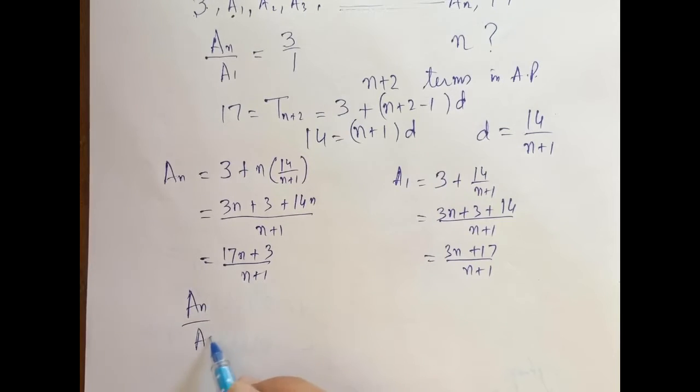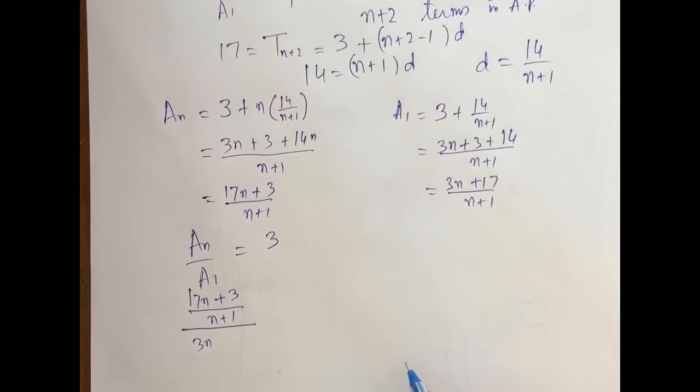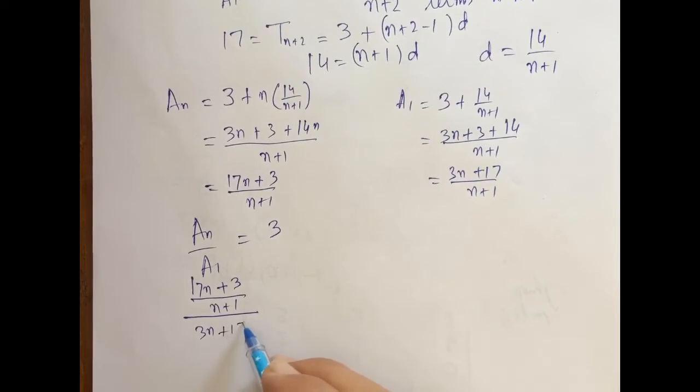We substitute values of an and a1 in this relation. An upon a1 is 3, that means 17n plus 3 upon n plus 1 upon 3n plus 17 upon n plus 1. This is equal to 3. This n plus 1 will cancel out.